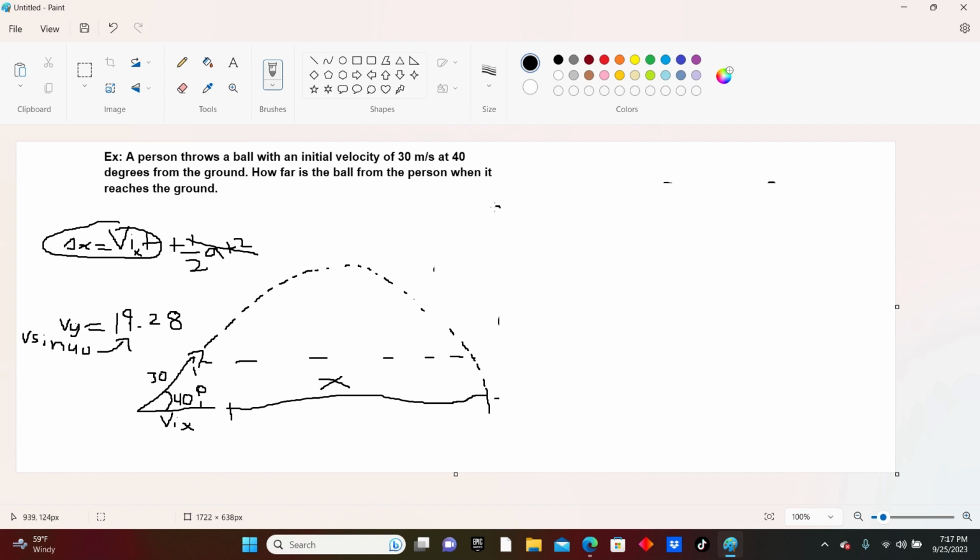We know that a equals vf minus vi over t, and if we rearrange this equation in terms of vf, we get vf equals vi plus at.